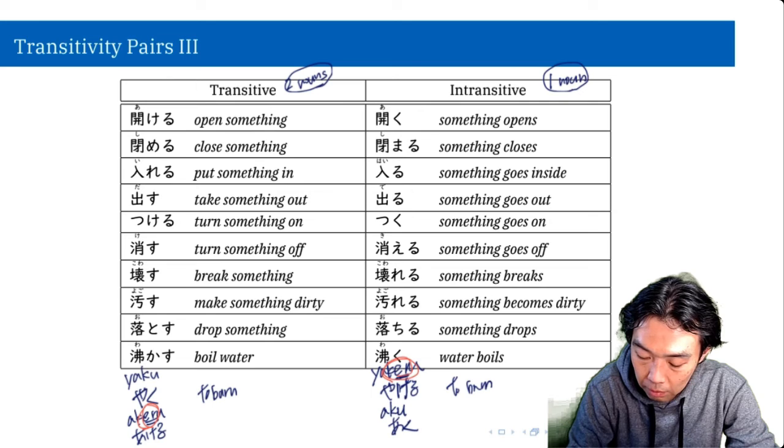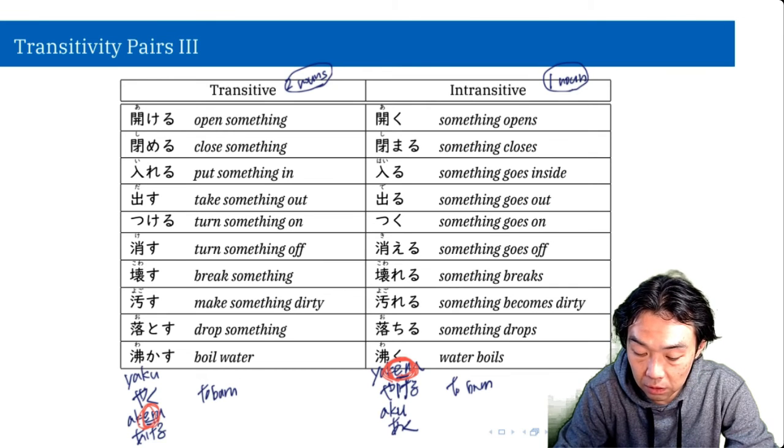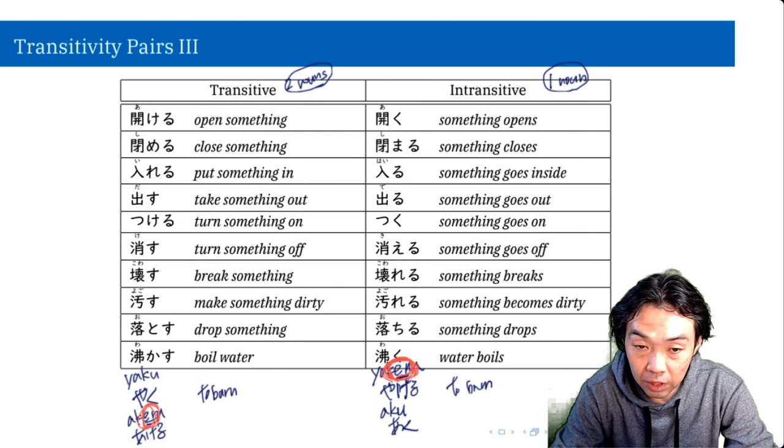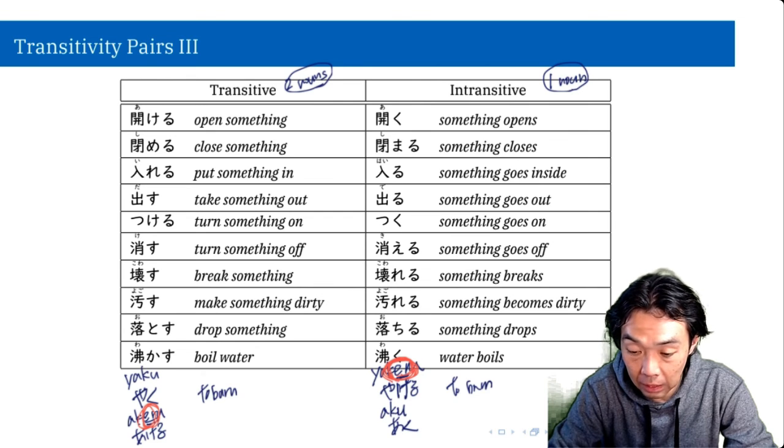So it doesn't mean this E marker is the intransitive marker. It's not true, because exactly the same thing appears as a transitive in some other verbs. So in other words, it's completely unpredictable. You just have to unfortunately memorize two different kinds for each pair.